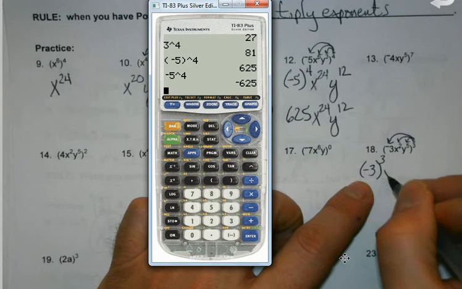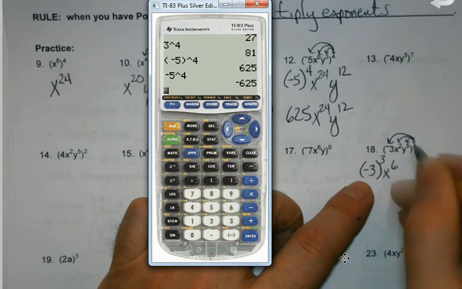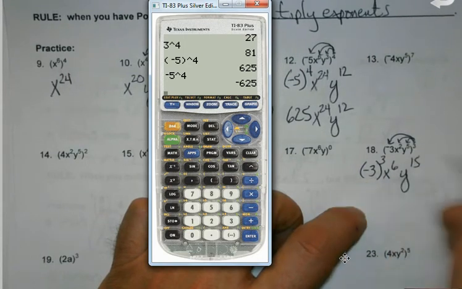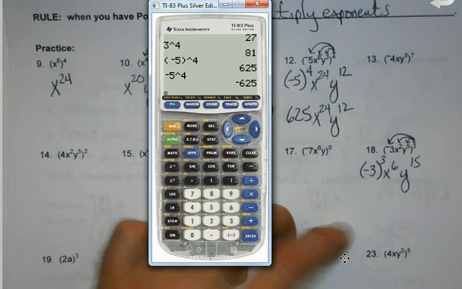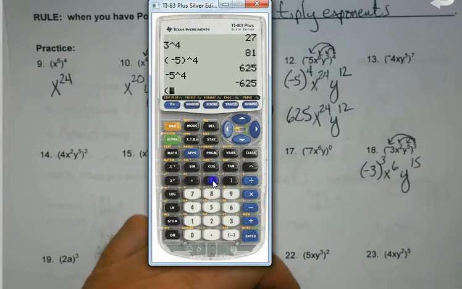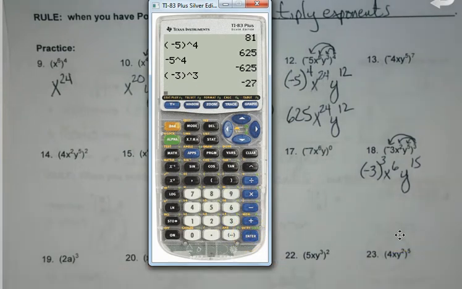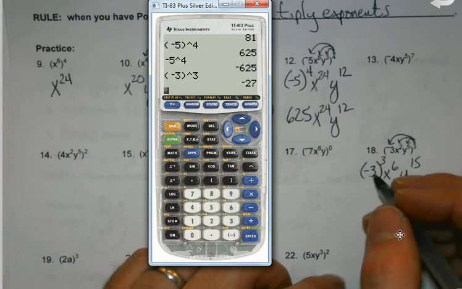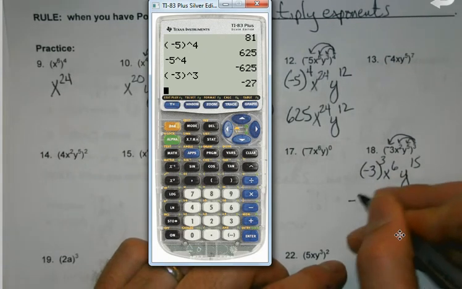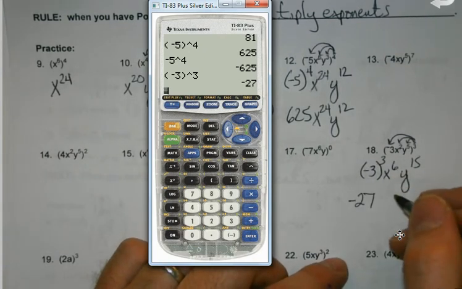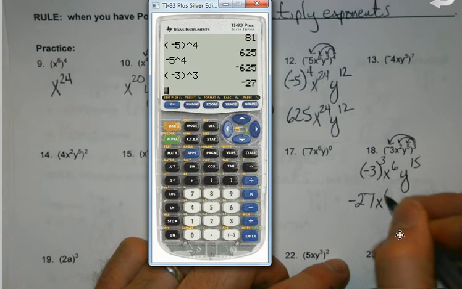So 2 times 3 is 6. 5 times 3 is 15. And this time when I do my parentheses, because I'm going to do my parentheses every time there's a negative, because I just need to. You're like, well, why is it coming out negative this time? Because it's an odd exponent. Because it's the whole negative times negative is positive and kind of working that through. So you can get some negative answers. Don't think you'll never get any.